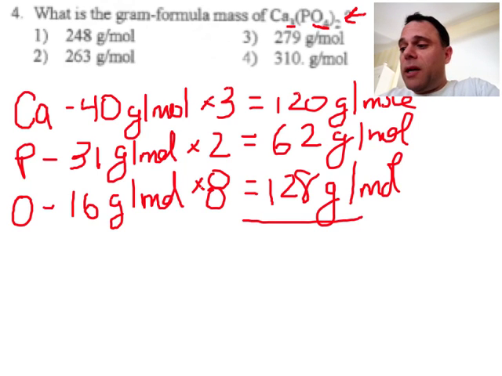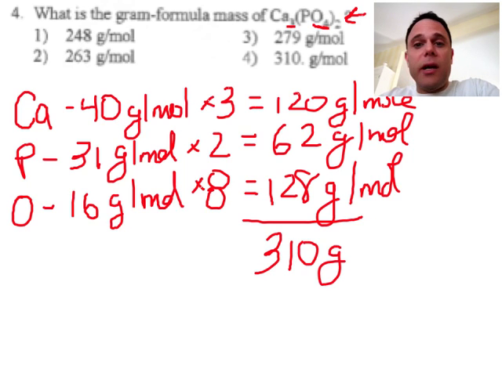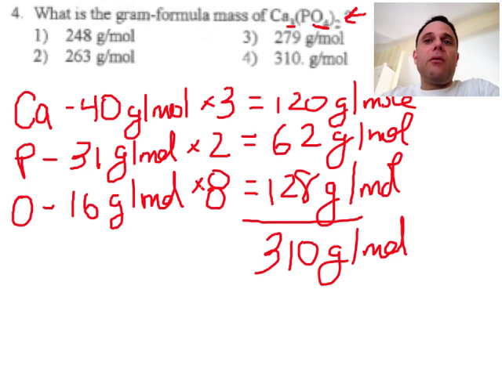Add up all of those masses and we get 310 grams for every 1 mole of this substance. Look at the possible choices and there it is.